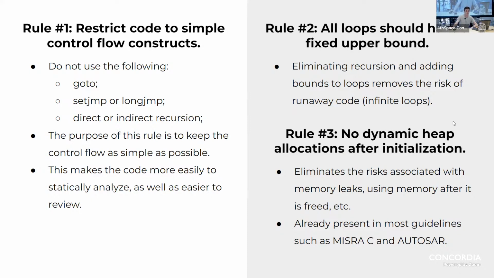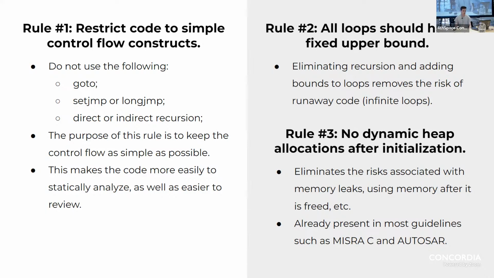Third rule, no dynamic heap allocations after initialization. If you have a good understanding of C, that means not using things such as malloc and free. If you're more comfortable with C++, that means avoiding the use of the new or delete statements, which are kind of the equivalent of malloc and free.